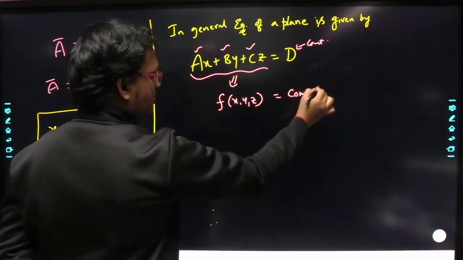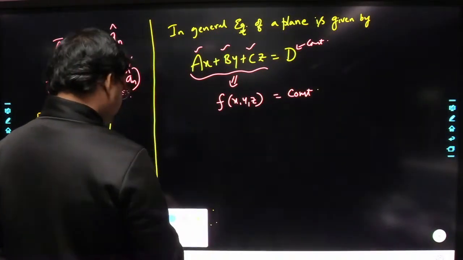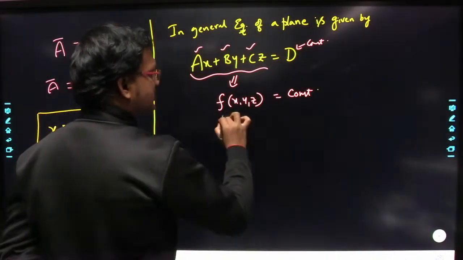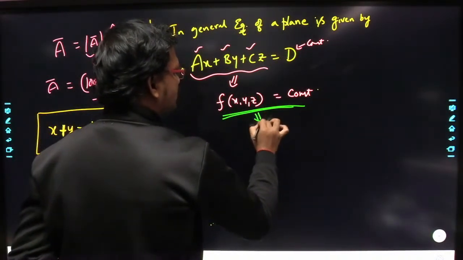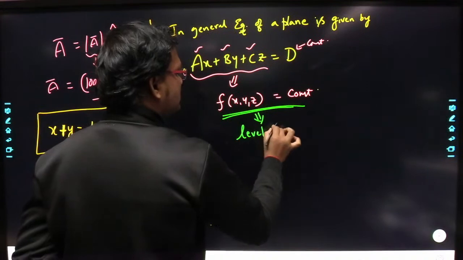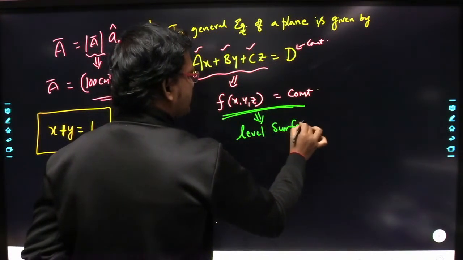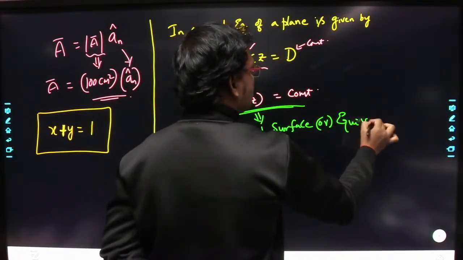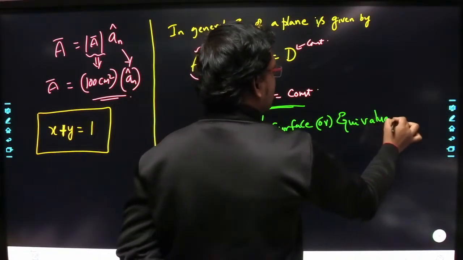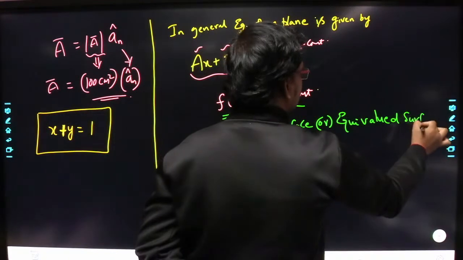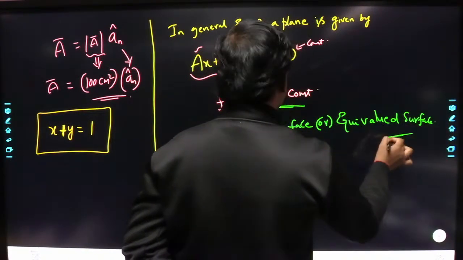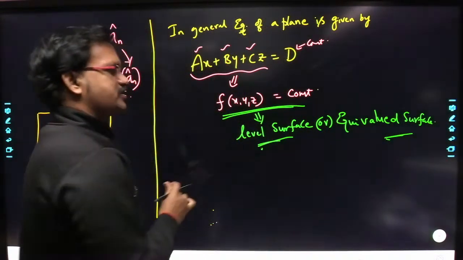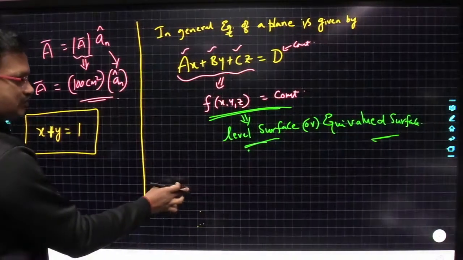Understood? So f of X comma Y comma Z is equal to a constant represents what here? It represents a level surface, or you can say an equivalued surface. In general we will call this a level surface, constant surface, or equivalued surface, right?